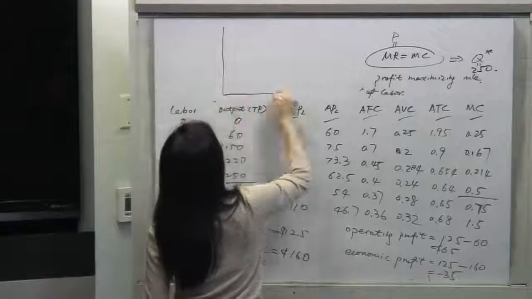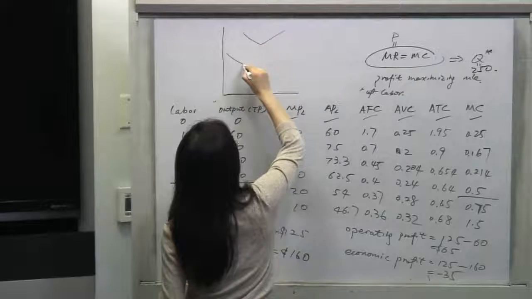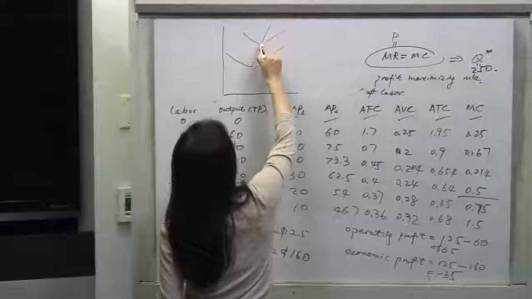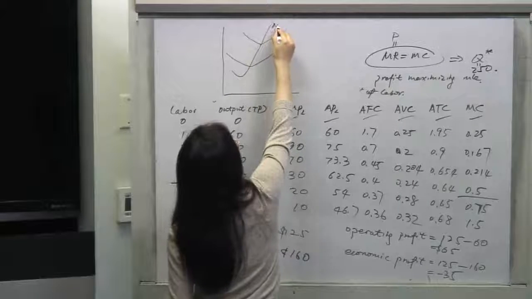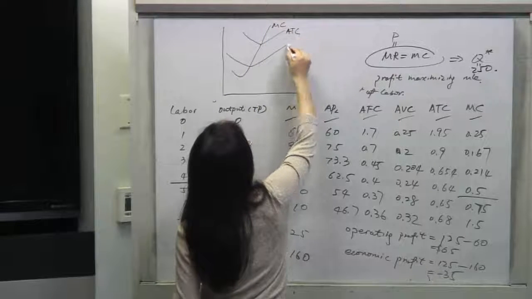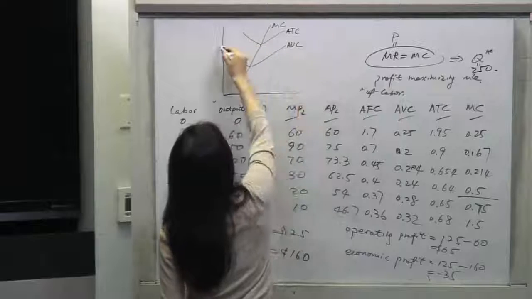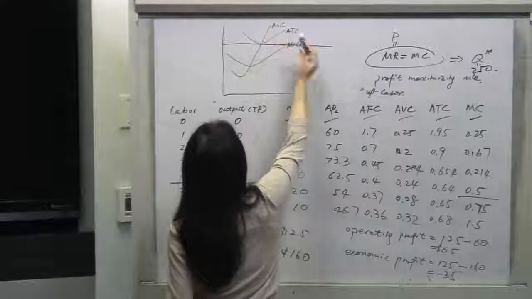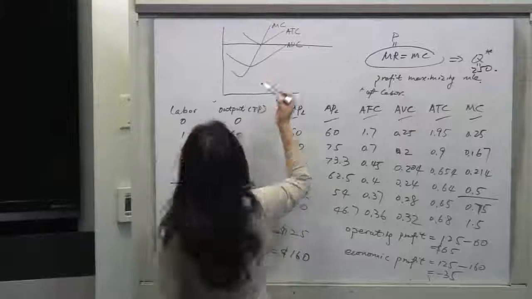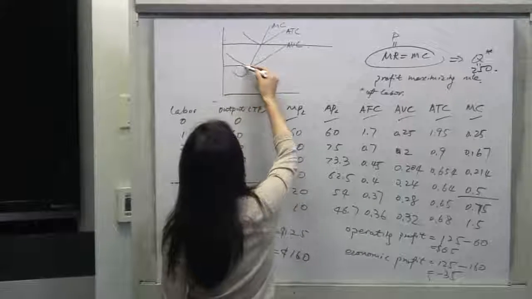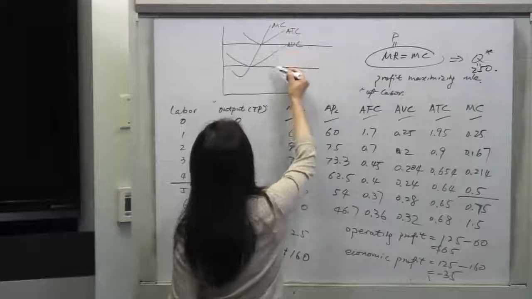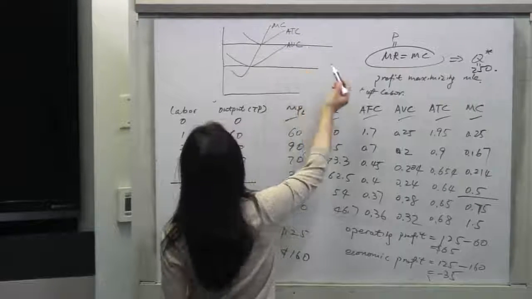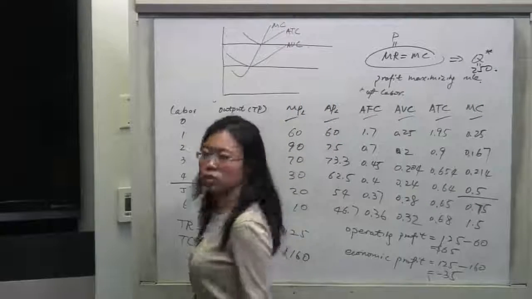Remember the graph I showed you? This is MC, ATC, AVC. We say if the price is above this, then you're gonna run in both, right? If the price is in between, you're gonna run in the short run, but not in the long run. If the price is below, you're not gonna run.